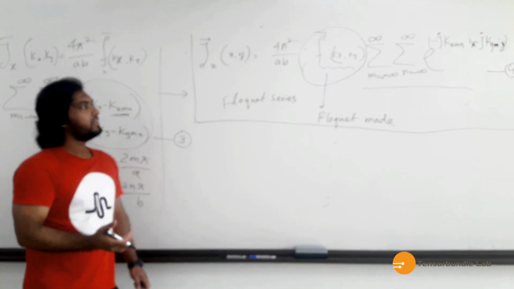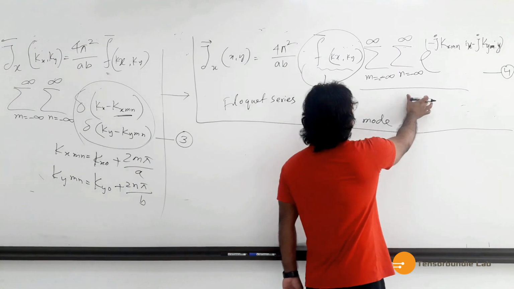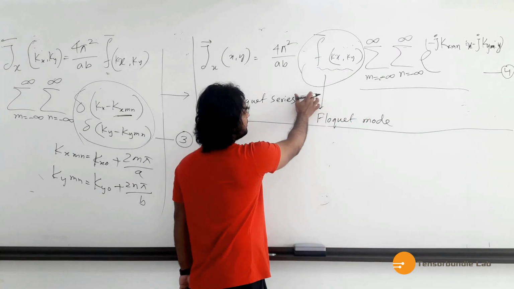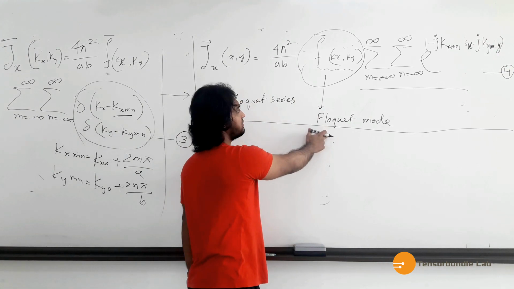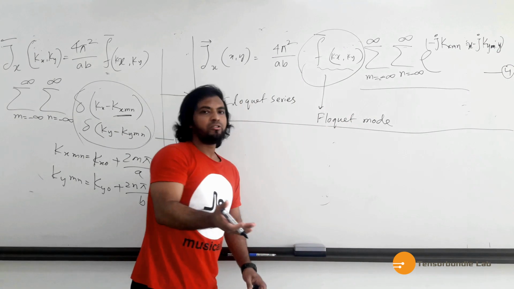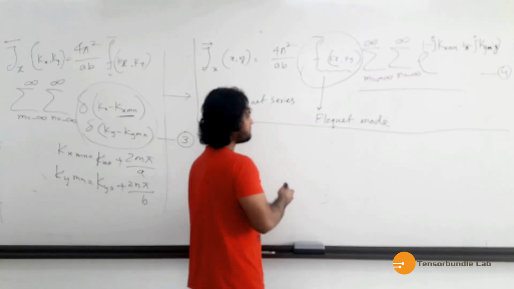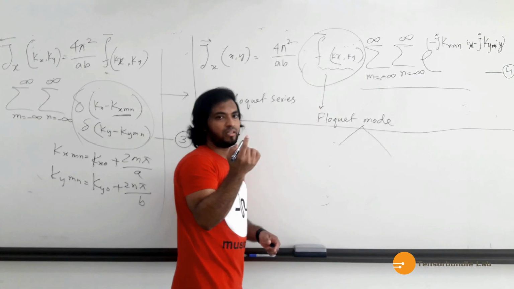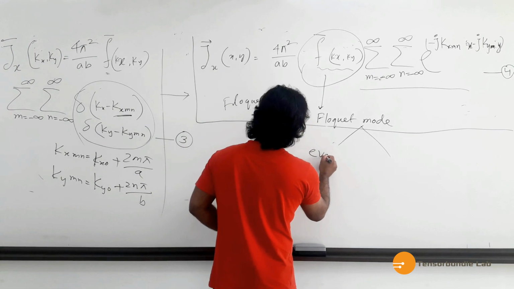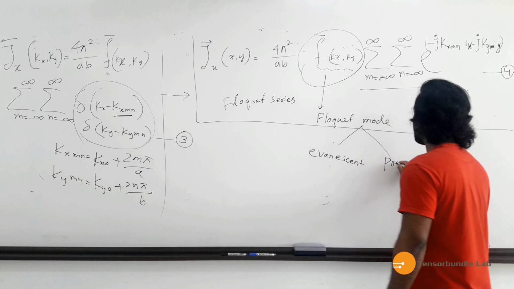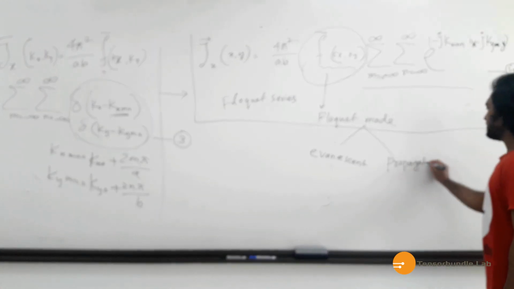I'm telling again, these correspond to plane waves which are weighted by a special quantity, the Floquet mode. So a Floquet mode indicates plane waves, and Floquet modes can be of two types. One is the evanescent mode, and another is the propagating Floquet mode.